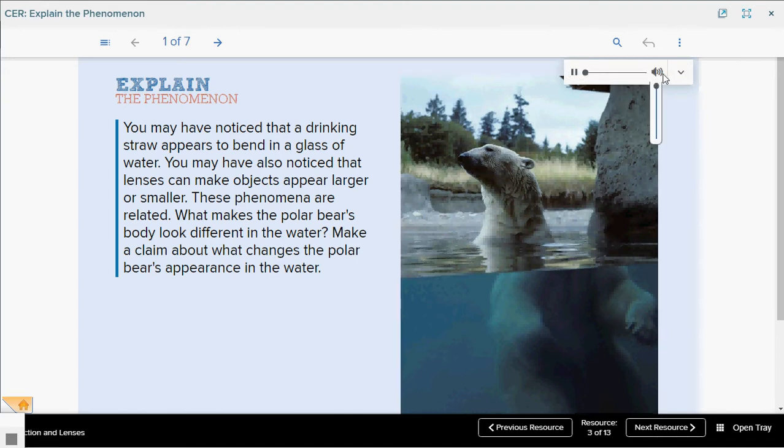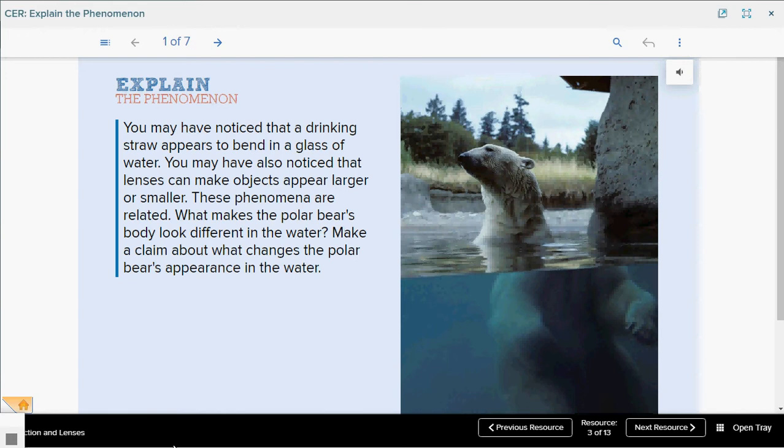Explain the phenomenon. You may have noticed that a drinking straw appears to bend in a glass of water. You may have also noticed that lenses can make objects appear larger or smaller. These phenomena are related. What makes the polar bear's body look different in the water? Make a claim about what changes the polar bear's appearance in the water. So, what do you observe?